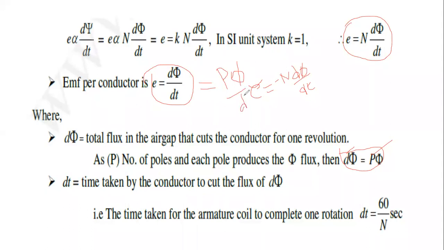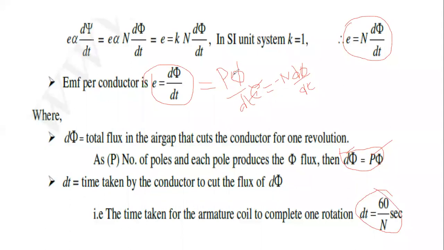Then dt is the time taken by the conductor to cut the flux phi. That time dt is equal to 60 by N seconds.